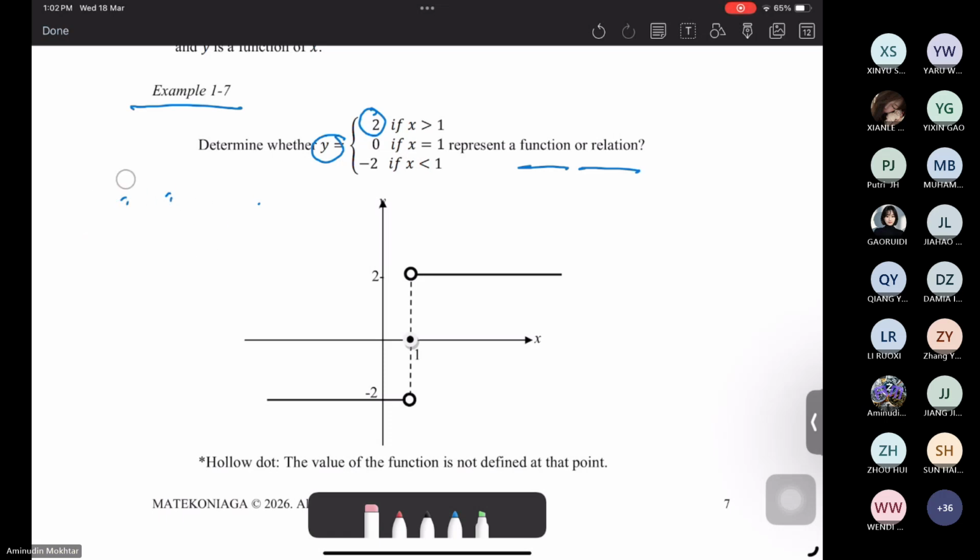Again, this function says that y equals something if x equals 100.